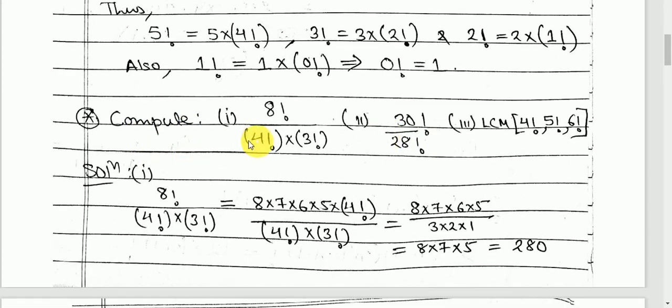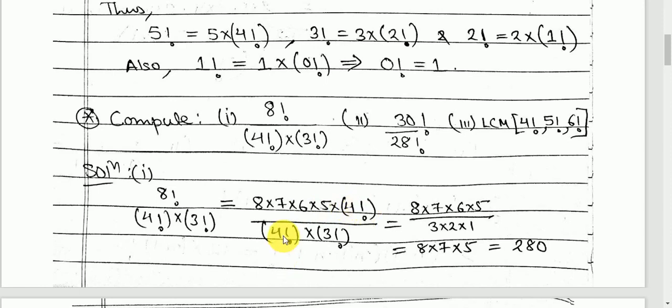Here I have taken a few examples, and in fact I have solved them. One is factorial 8 upon factorial 4 into factorial 3. Factorial 8 can be written as 8 into 7 into 6 into 5 into factorial 4. Why did I leave factorial 4 here?